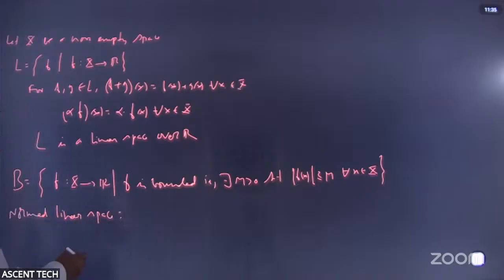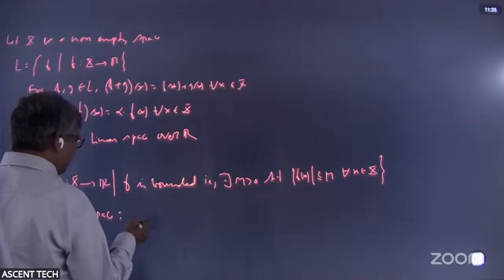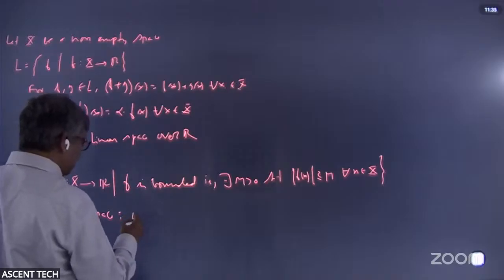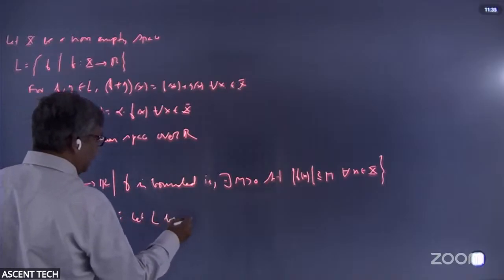Just a digression from what we are doing, very quickly writing down a few things. A normed linear space, what is that? Suppose I have a linear space. Let L be a linear space.